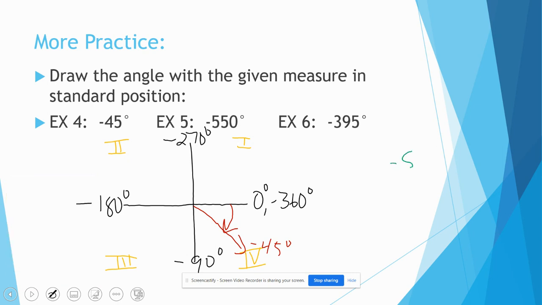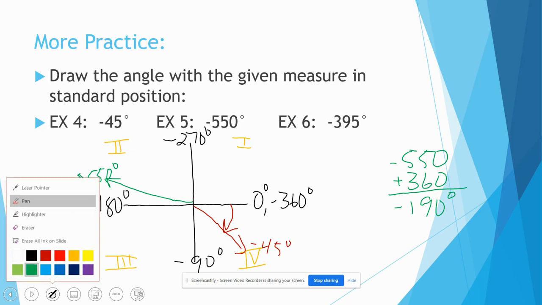Negative 550 is more than 360 degrees, so I'm going to go ahead and add 360, and that'll be negative 190 degrees. So I'm going a full 360 plus another 190 degrees. Negative 190 is in between negative 180 and negative 270, pretty close to the 180 here, so I'm going to put it right there.